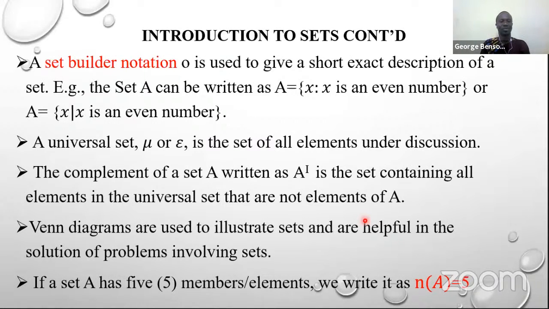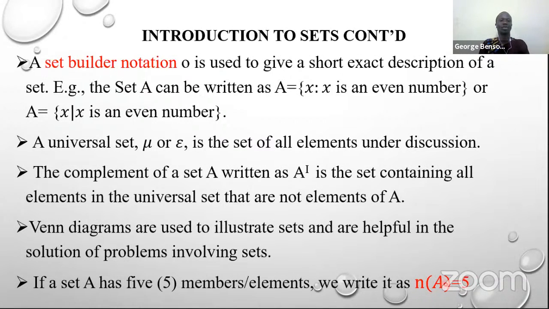If we have a set A and it has 5 members, we write it in this notation form. We write n of A is equal to 5. The n of A equals 5 means that the number of elements in the set A is 5.